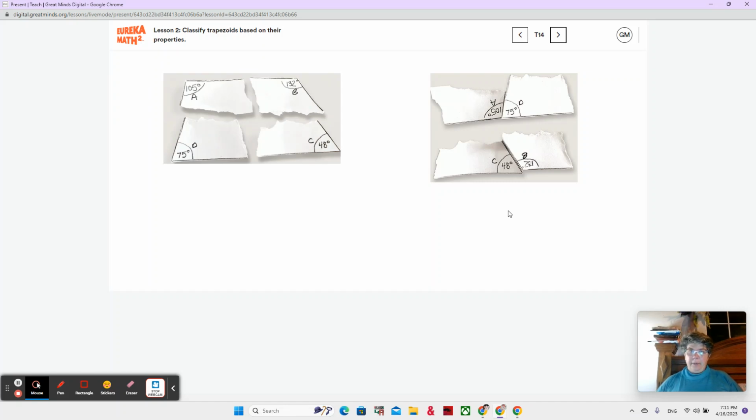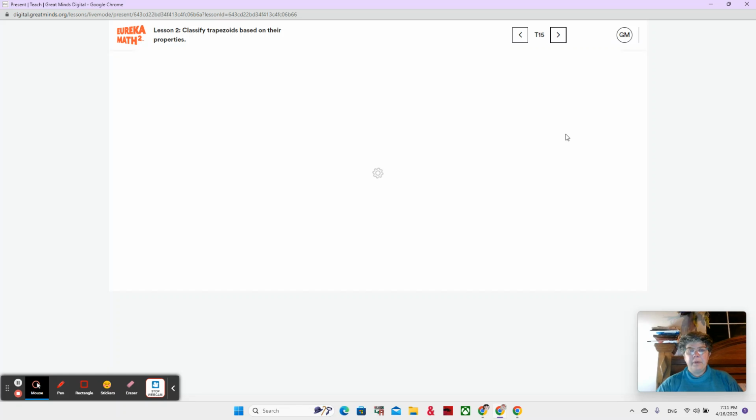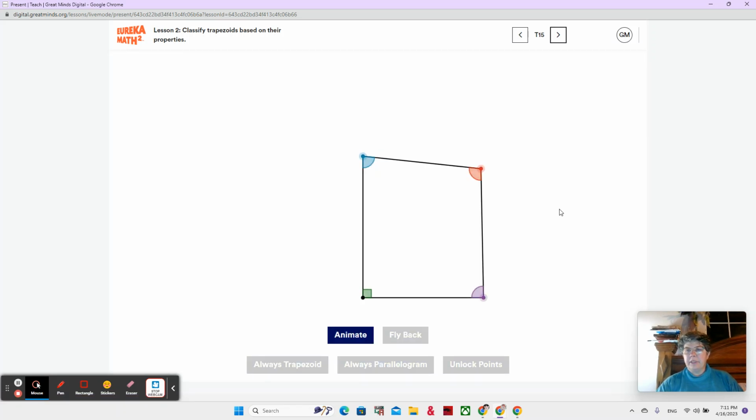If you had right angles, then they're all supplementary with each other: A and B, B and C, C and D, A and D, and D and B. But if you don't have right angles, then it's just going to be A and D and C and B. So you're getting those set up and looking at those on your table. Before you move on to the next part of the video, make sure you've done that.